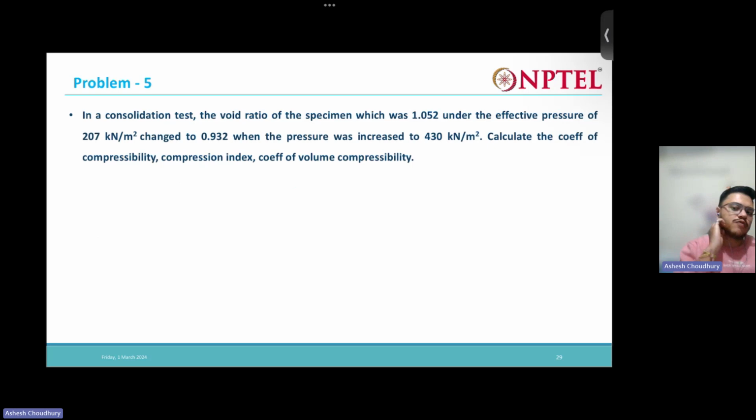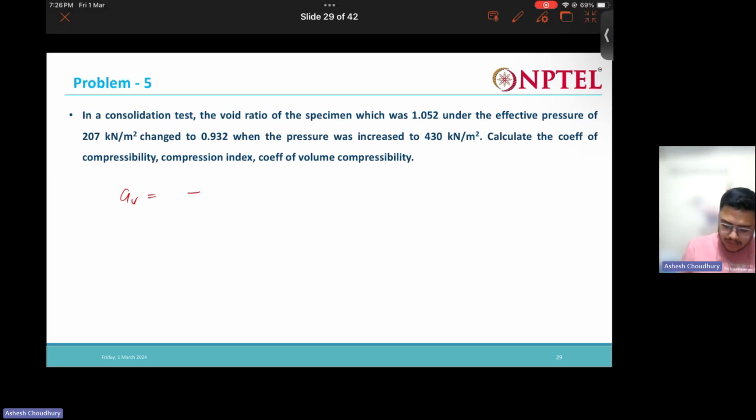Coefficient of compressibility is nothing but a_v, which is minus delta e by delta sigma. So how to calculate?